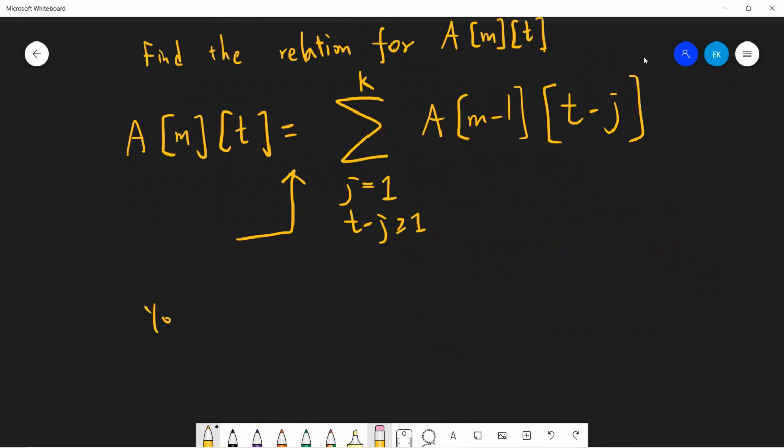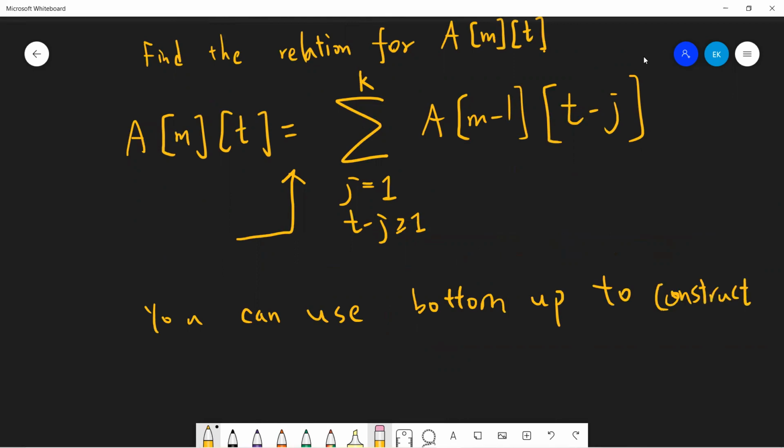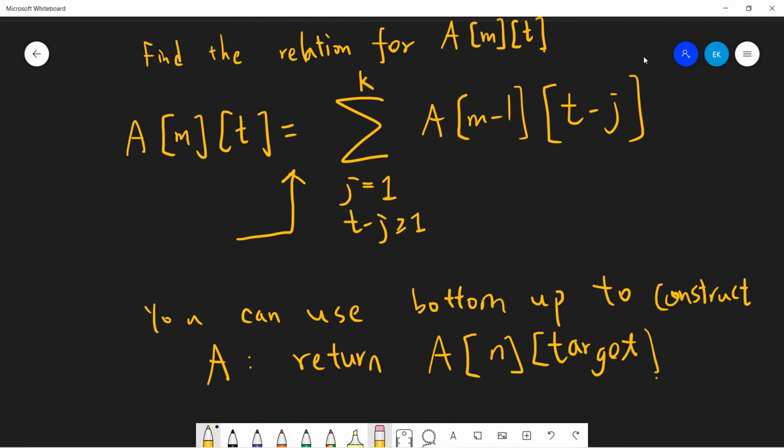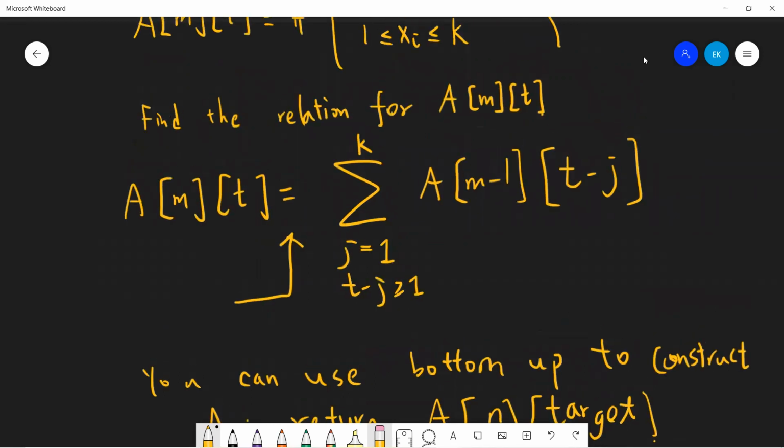Okay, so you can use bottom up to construct A, and then just return A of n and the target. Okay, so that's it, this is our answer.